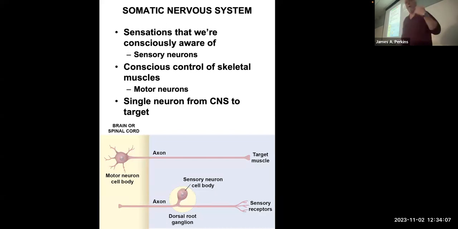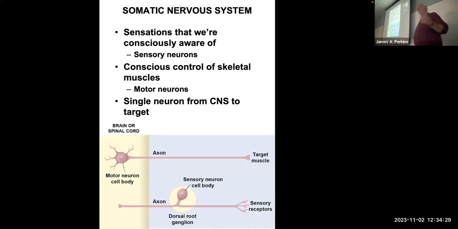So reviewing the somatic nervous system, like I said, it's things that we're consciously aware of. So that includes both the kinds of sensory neurons that we've talked about quite a bit before in this class, where there are specialized sensory receptors in the skin that are stimulated and send signals back to the central nervous system so that you become aware of those sensations.